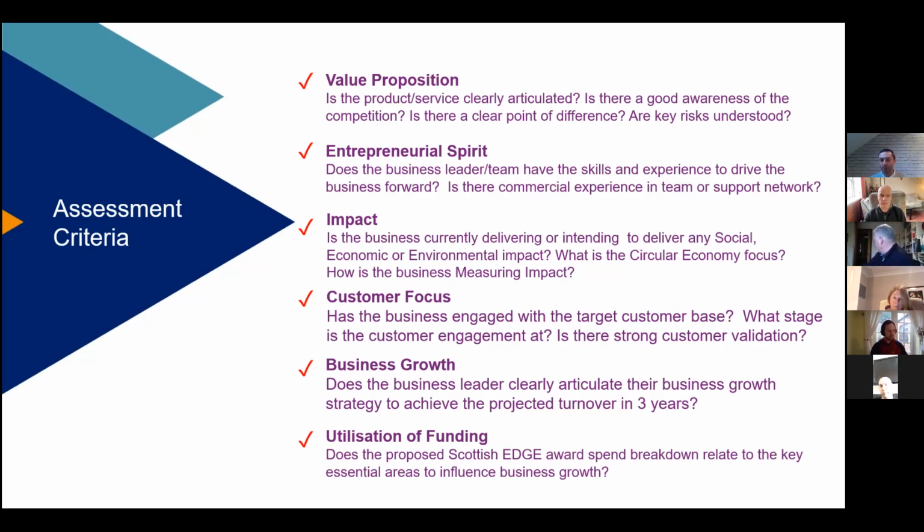If you're building that customer validation, then the judging panel will know you're closer to getting those business growth figures right. So think about that section carefully, really demonstrate the how part. What's important around the figures is the realistic part of it. Don't try and impress with really high figures. Be realistic, but also show the ambition that you've got for the business.